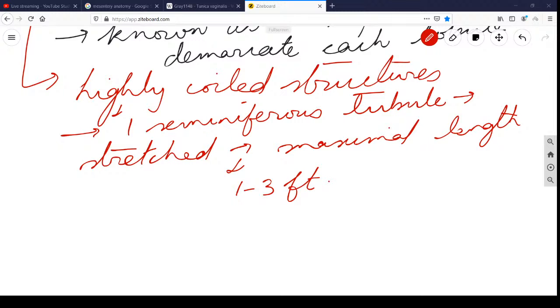Just imagine. And again I will be relating this to the length of the renal tubules.